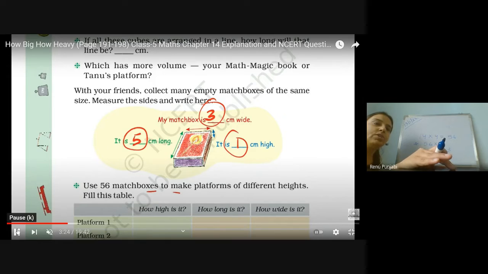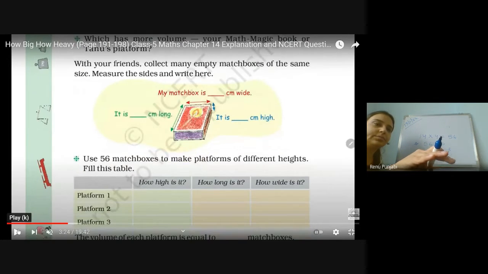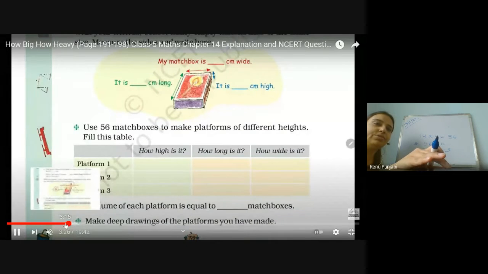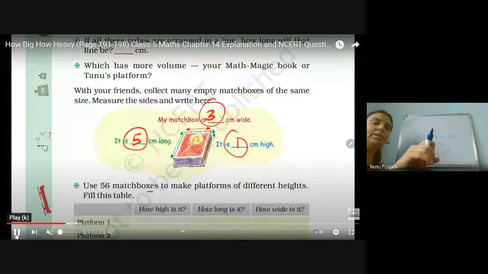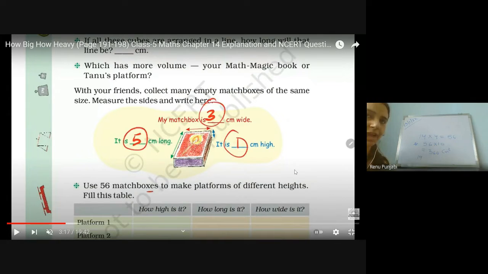So what will be the volume of this matchbox according to the textbook? Tell me what will be the volume if 5 centimeter long, 3 centimeter wide, 1 centimeter height.